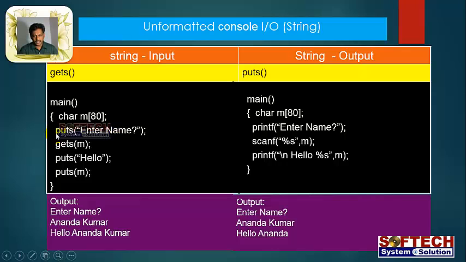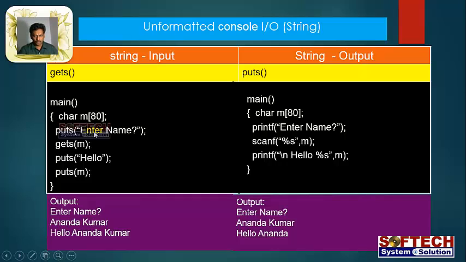But there is some difference between printf and puts. Using puts("enter name"), it displays the string on a separate line, then the cursor goes to the next line. So puts displays a string on a separate line. But printf displays continuously on the same line.